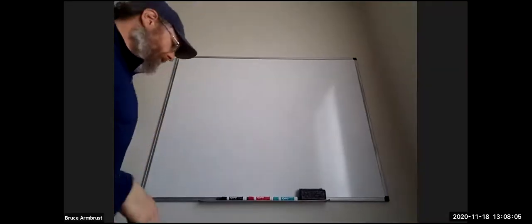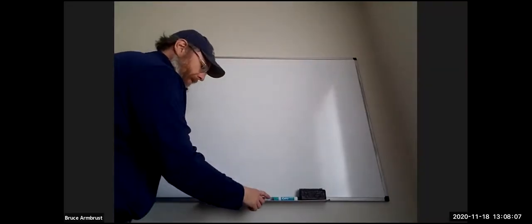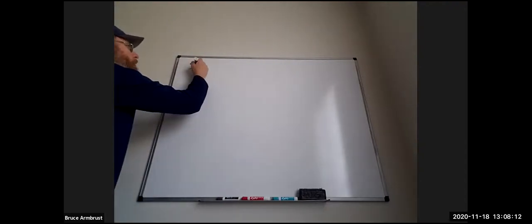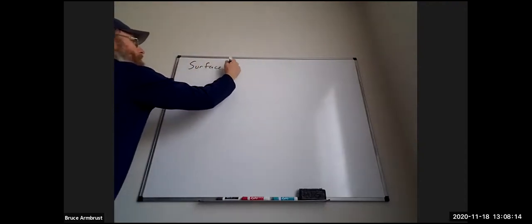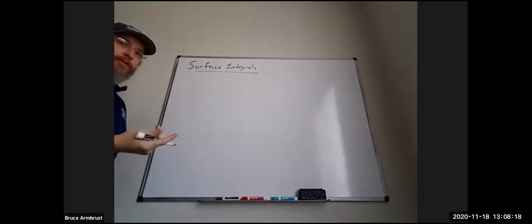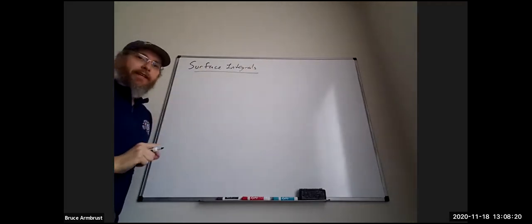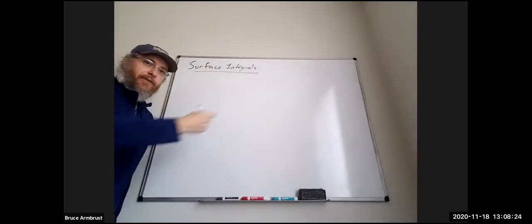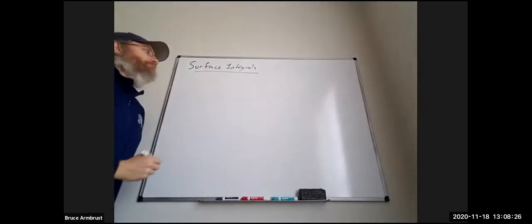All right, so last time we were looking at surface integrals. So let me just remind you what those are. They're basically the same idea as a line integral, except instead of integrating just over a curve, we're integrating over an entire surface.